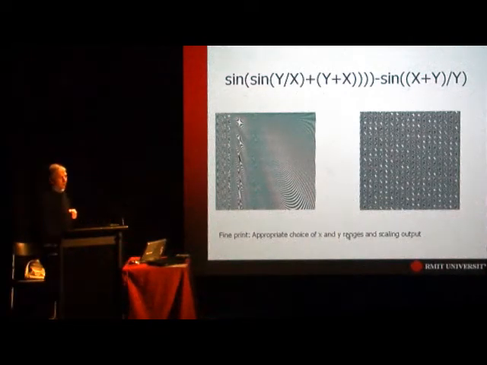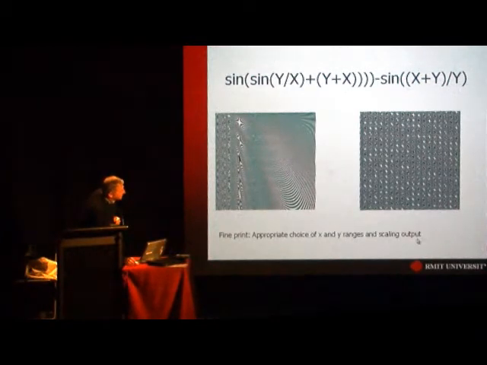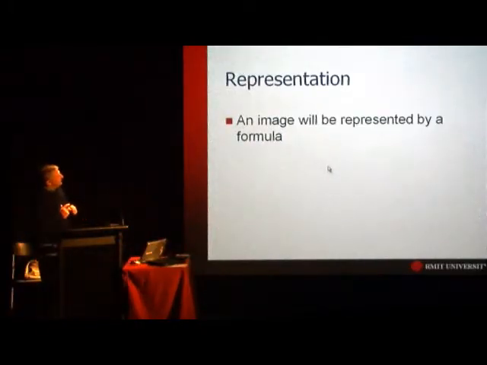We have to decide what range to choose from x and y, and we have to make sure that if we're evaluating arbitrary formulas, the result of the evaluation somehow ends up in the proper range of pixels, 0 to 255. And all of that's quite doable. So in the system here, we're going to say an image is going to be represented by a formula in x and y.